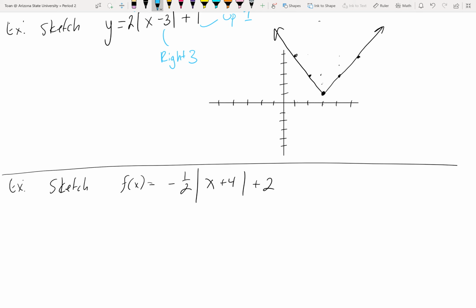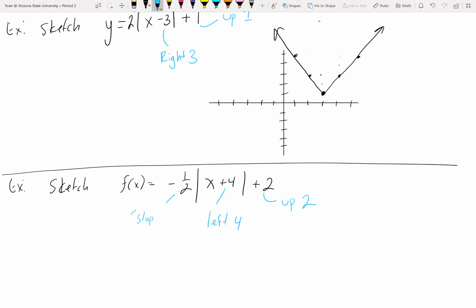The first thing we have to do is read the transformation. So just go ahead and shout it out loud. What transformations do you see in this equation? Up, down, left, right. I hear an up 2, left 4. That's it. That negative 1/2, that's multiplying, that is your, quote, slope.